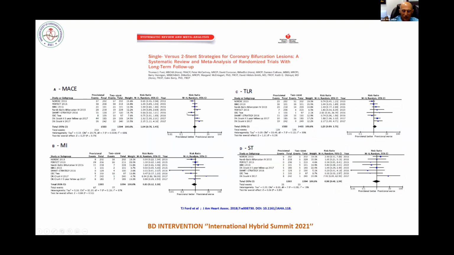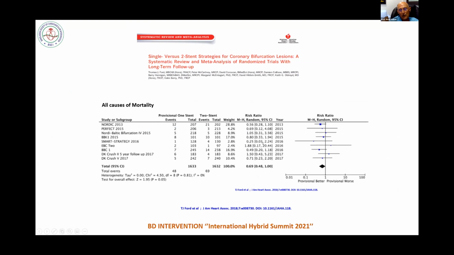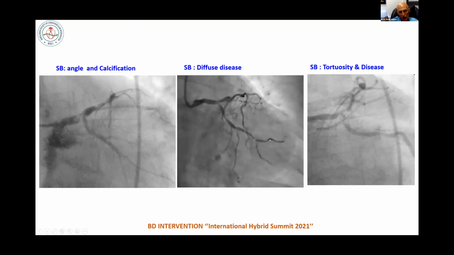I will not show you that much data, but this is one of the recent meta-analyses, including different randomized studies, and there is no difference in total MACE. That means target lesion revascularization, myocardial infarction, and stent thrombosis are equally distributed between the two groups.